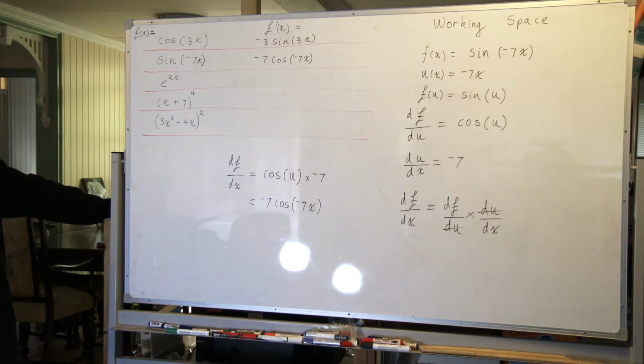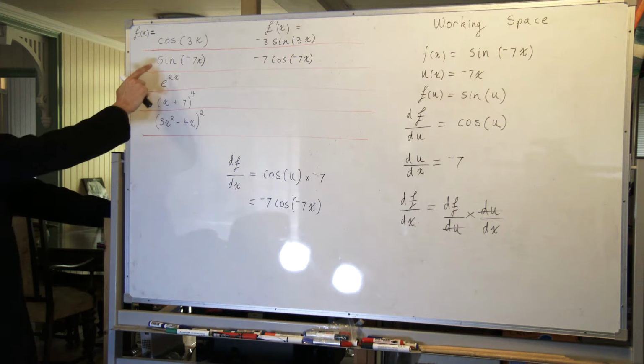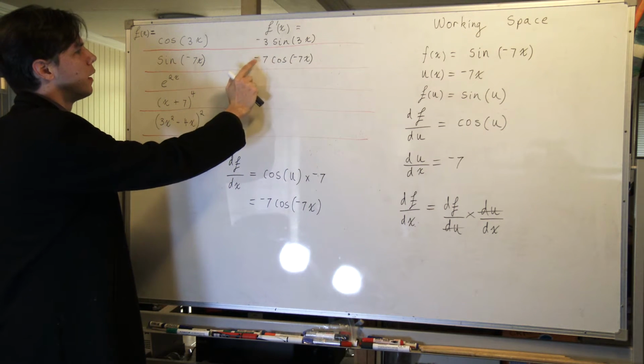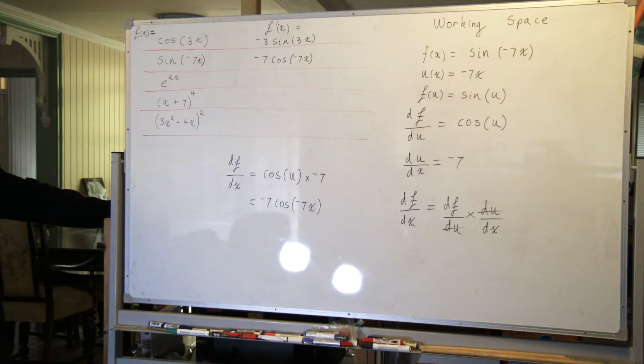All I've really done is I've taken out the derivative of the piece inside the brackets, multiplied it out the front. Same thing here. Derivative of sine is cos, and then I multiplied that all by -7. That's interesting.